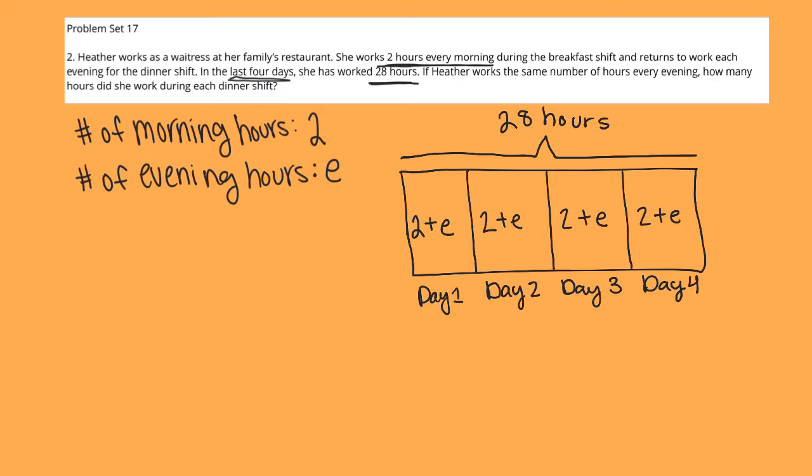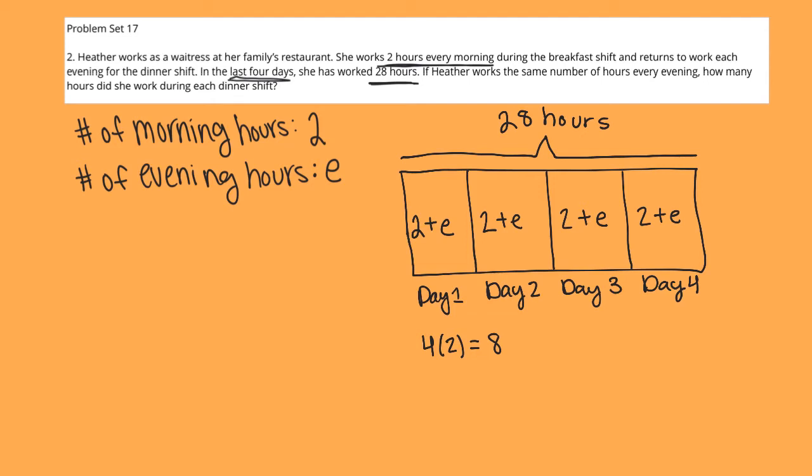Now let's figure out the total number of hours we know that she has worked. Because we know that she's worked for 4 days and she's worked 2 hours in the morning, we know that 4 times 2 is 8. So now we know that she's worked a total of 8 hours in the morning.